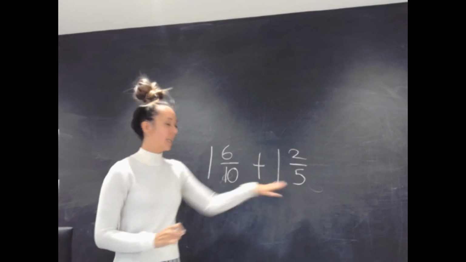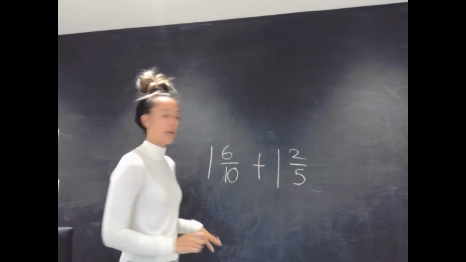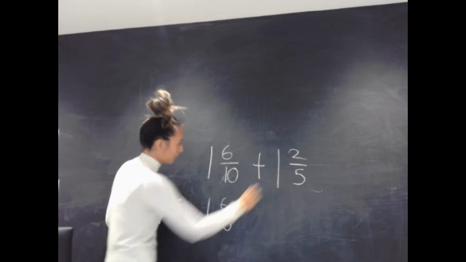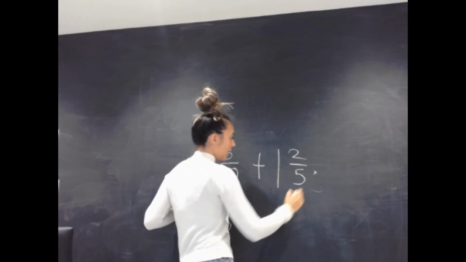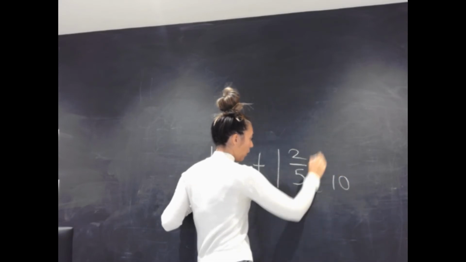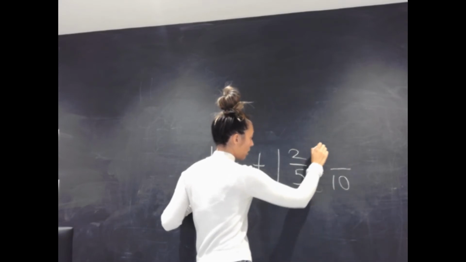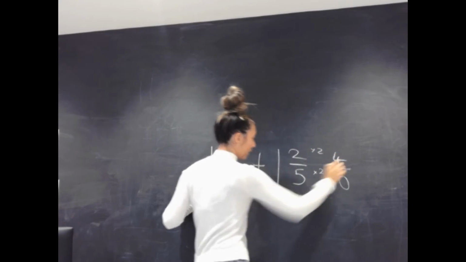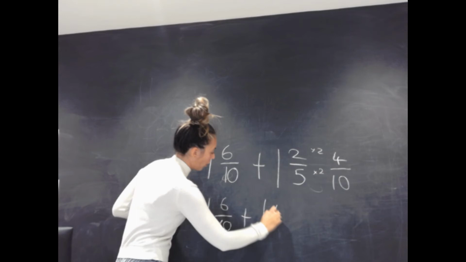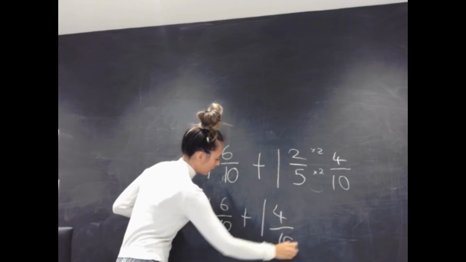The first thing we need to do is make our denominators the same. So I'm going to keep my tenths. I'm going to change this into tenths, so I'll need to times it by 2. And well, I've done that to the bottom, so I need to do it to the top. So I've got 1 and 6 tenths, add 1 and 4 tenths.